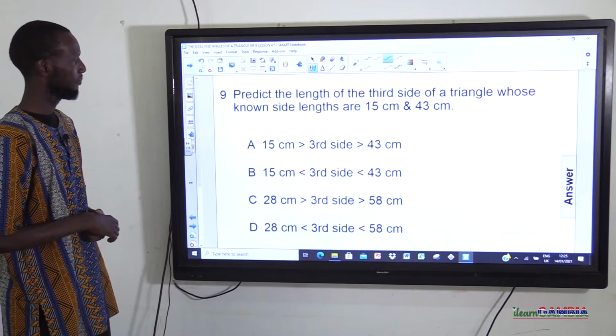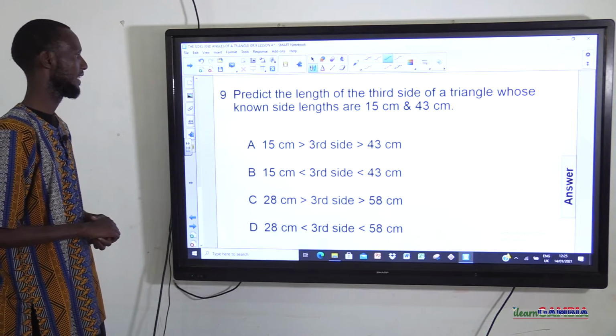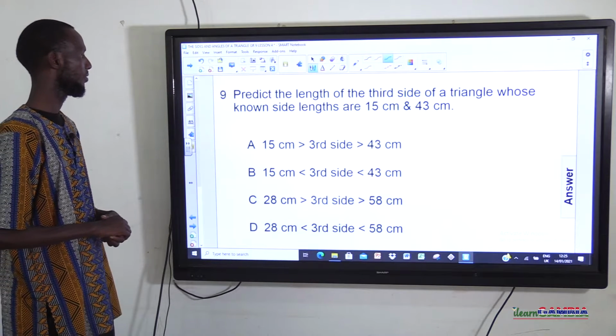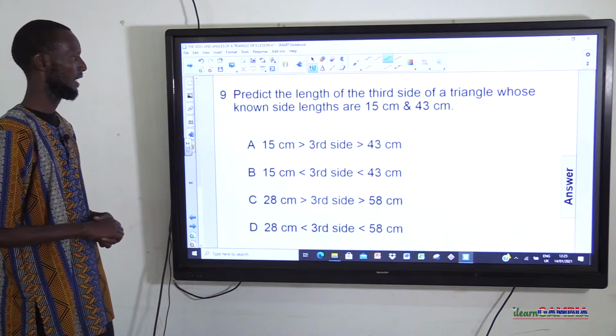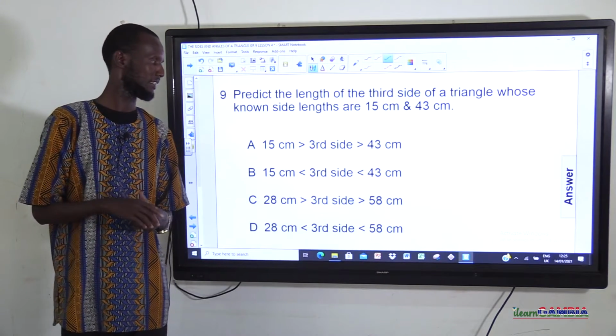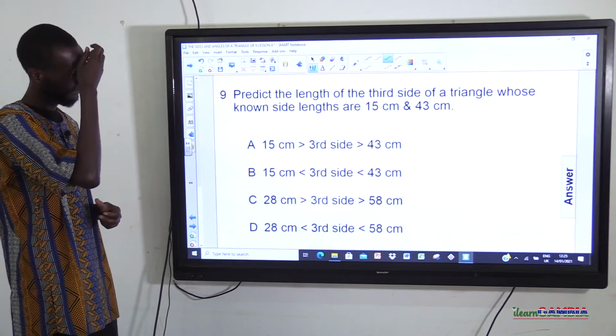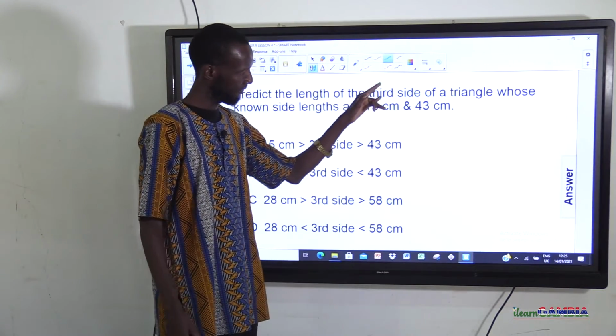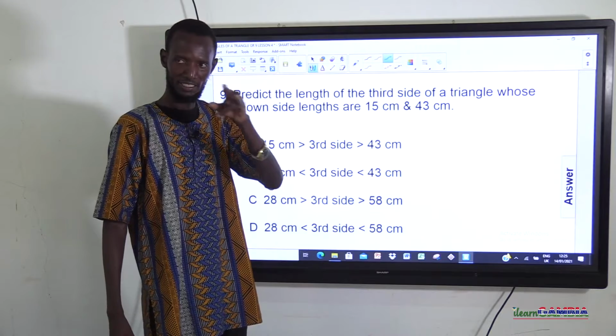Again, let's try to predict the length of the third side of a triangle whose known side lengths are 15 centimeters and 43 centimeters. Let's go through the same process. The sum of the given sides has to be greater than the third side.